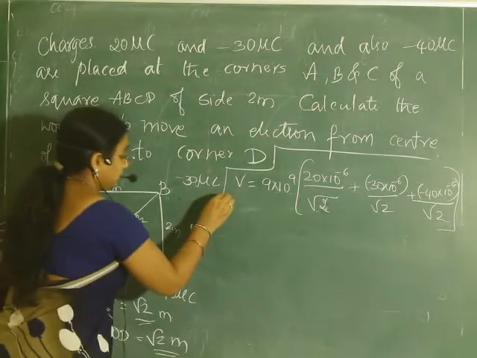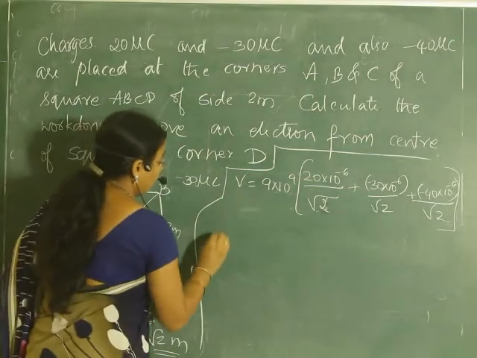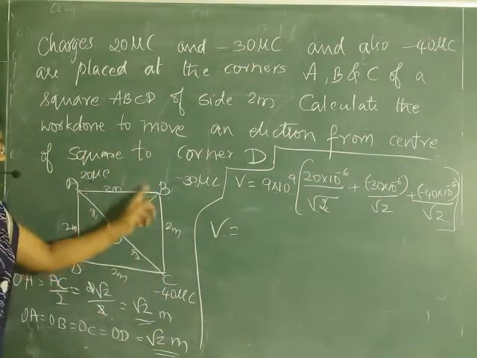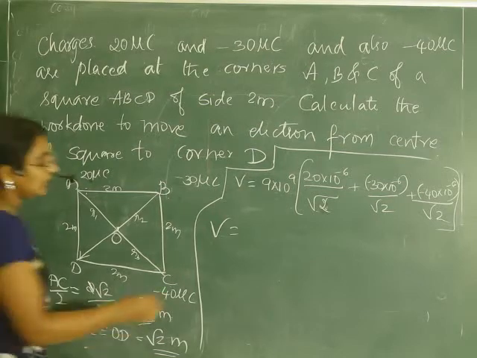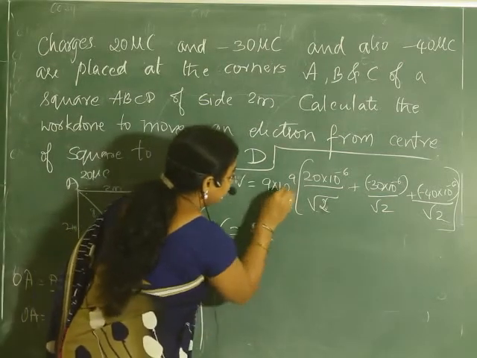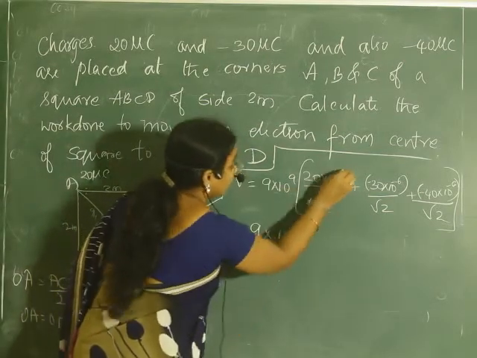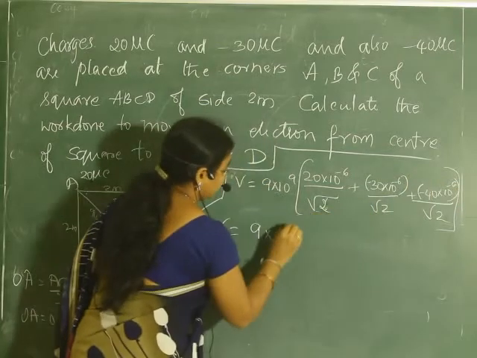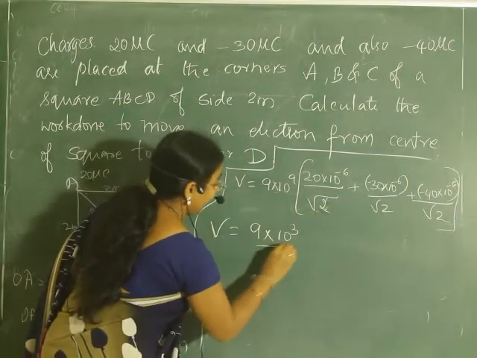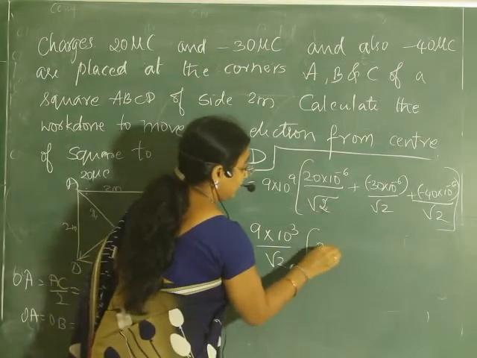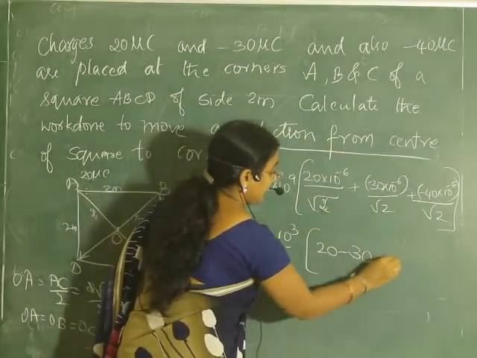So total potential at O due to the 3 charges is 9 into 10 to the power 9 times, that will be 10 to the power minus 6, so 3, by root 2, 20 minus 30 minus 40.